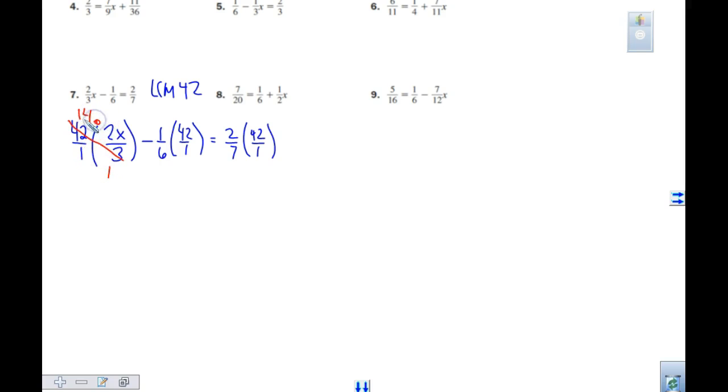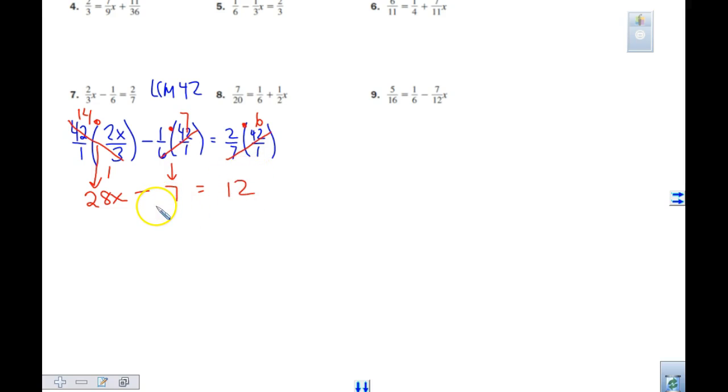Okay, so 14 times 2x, I'm going to write down 28x. 6 goes into 42 7 times, so I'm going to write down minus 7. Equals, 7 goes into 42 how many times? 6. So I'm going to write down 12.